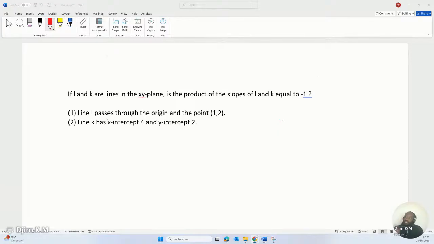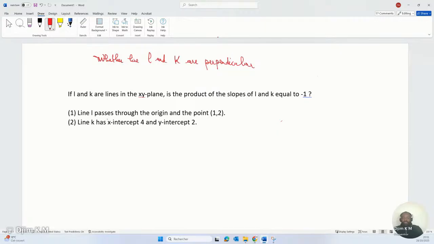So one thing we can say here is that what he's telling us is whether line L and K are perpendicular, or like when they meet, does it make a 90 degree angle.